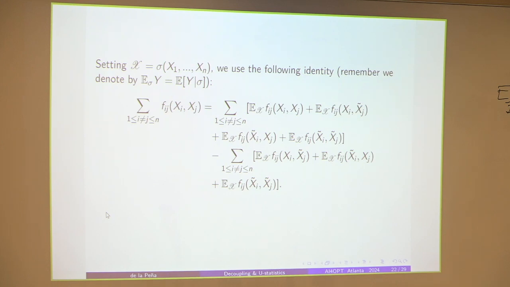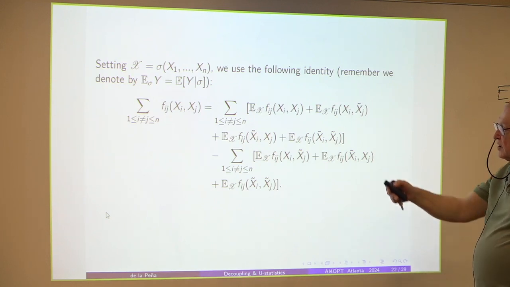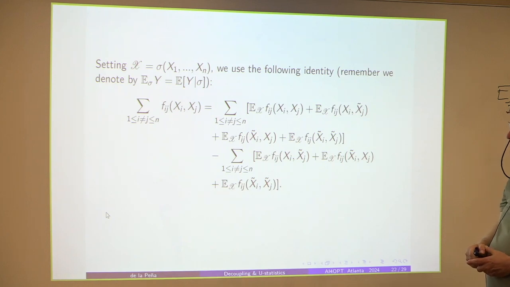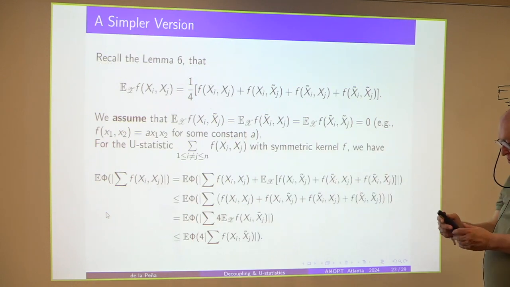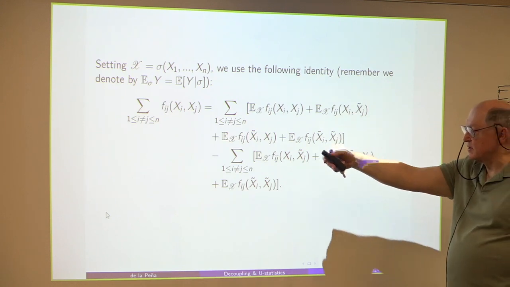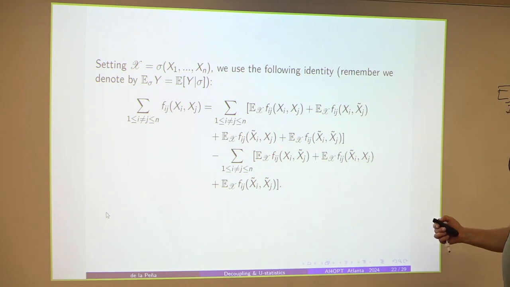Okay. Now, if we let the conditional expectation of y given C be E sub sigma of y, and we take script X to be the sigma field of x1 up to xn, then it's easy to see that this expectation is going to be the same as this, because if you know all the x's, these become constants.